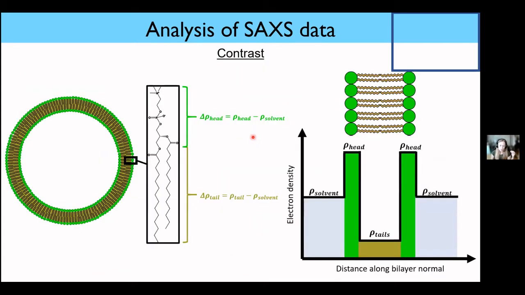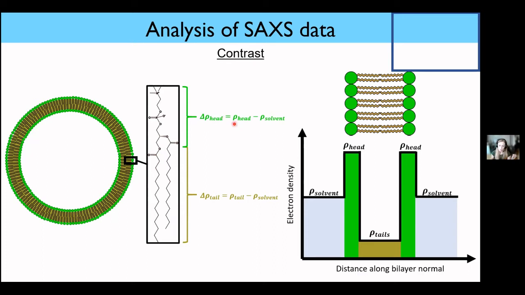So before moving on, I want to discuss a little bit extra the concept of contrast, because it's very important in the case of a lipid bilayer. So if we have a lipid bilayer in SAXS, in the very simplest models, it's normal to divide the lipid molecule into two parts, where you have the head group, which is electron dense, and then you have the tail groups, which are more electron poor.